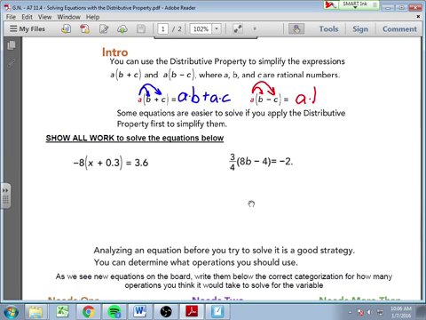Now it's A times B minus A times C. Now the options that I was talking about, you can either look at this minus as being a minus, or you can look at it as being a negative, but it can only be one of them. It cannot be a minus and a negative. It can only have one existence. So here we just said, let's take it as a minus.